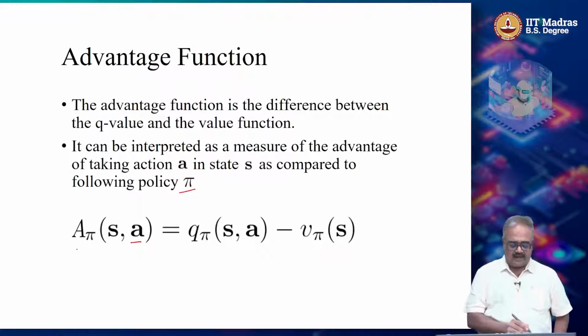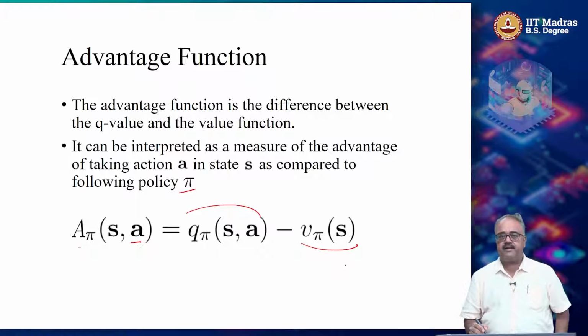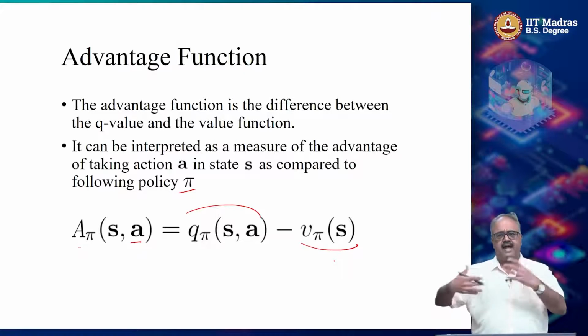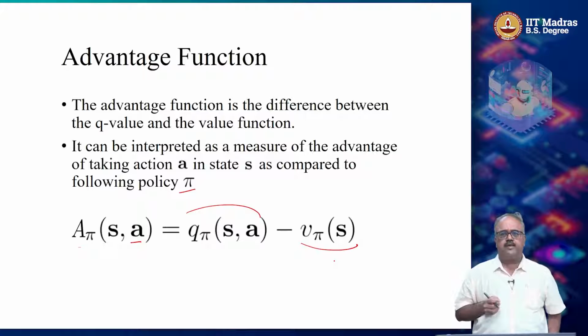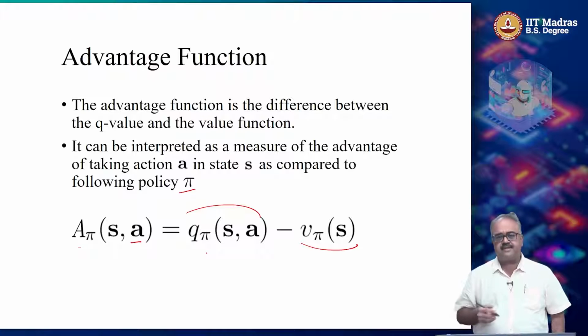So, you can mathematically write the advantage function A pi of S comma A as Q pi of S comma A minus V pi of S, right. So, V pi of S is essentially the average over all the Q values, right. So, that tells you, okay, this is the baseline, and this Q pi S A tells you how much better you are doing than that, right.